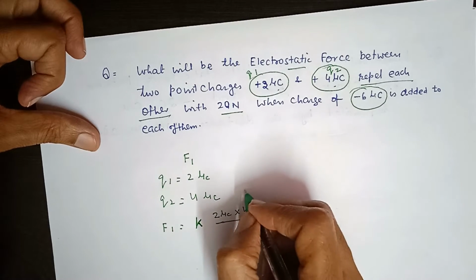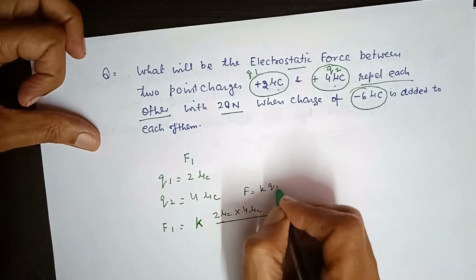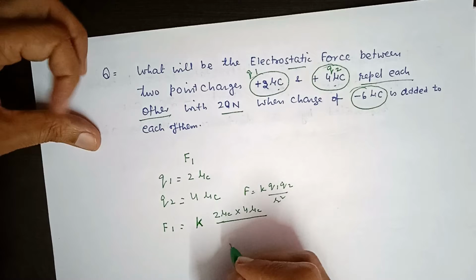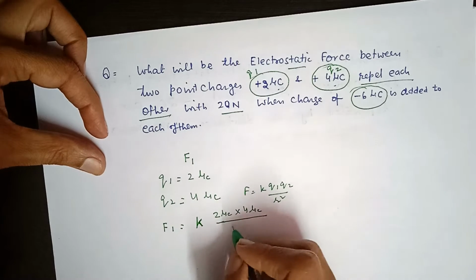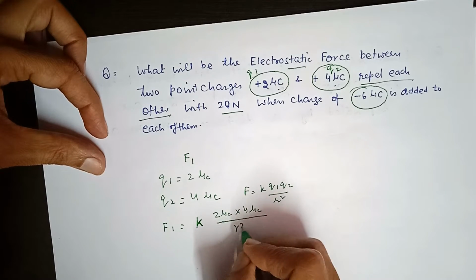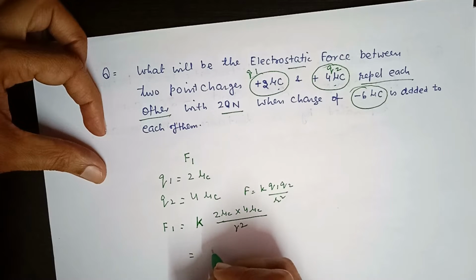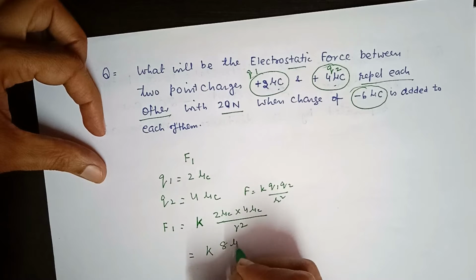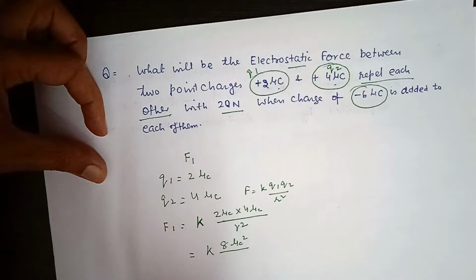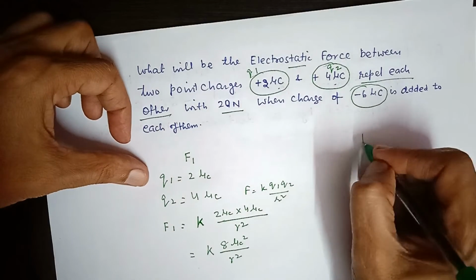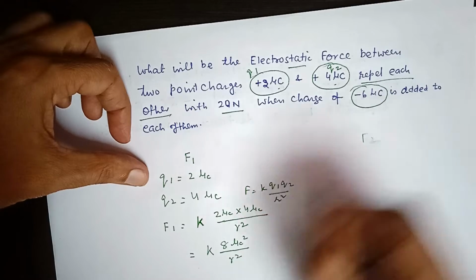F is equal to K Q1 Q2 divided by R square. So this becomes K 8 microcoulomb square divided by R square.